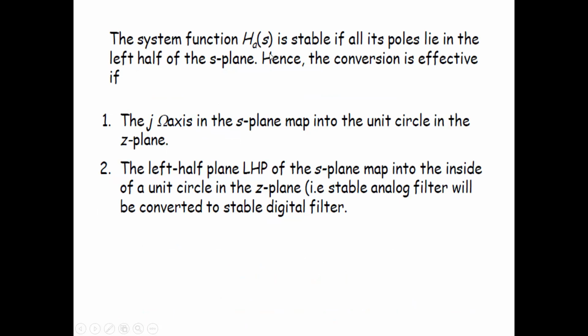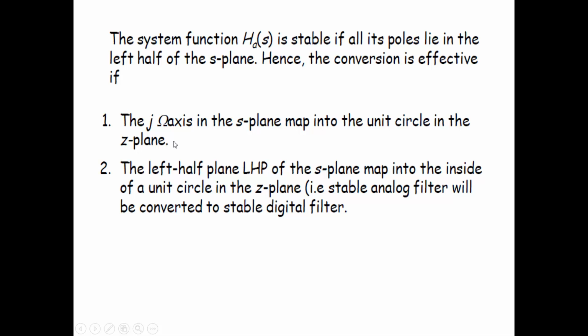The system function H(s) is stable if all its poles lie in the left half of the S plane. We all know that. Hence, the conversion is effective if the j omega axis, I'm talking about the S plane, the y axis in the S plane is the j omega axis, because on the left hand side of the j omega axis, the stability of the system function exists. That means the whole j omega axis in the S plane must map into the unit circle in the Z plane.